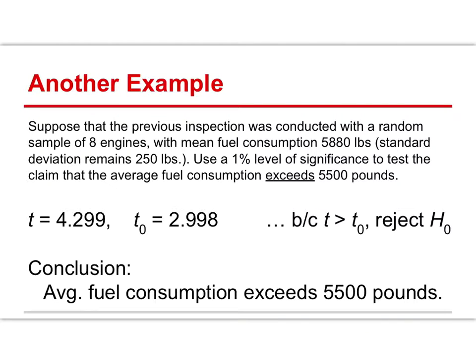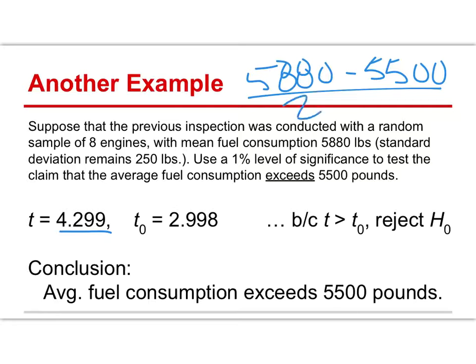When you go and test that, though, you found a t-score of 4.299. That's coming from the 5,880 minus 5,500 over 250 divided by the square root of 8.